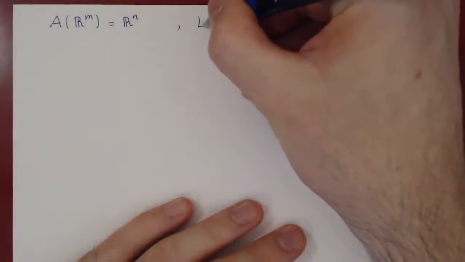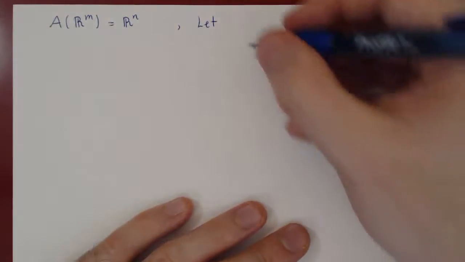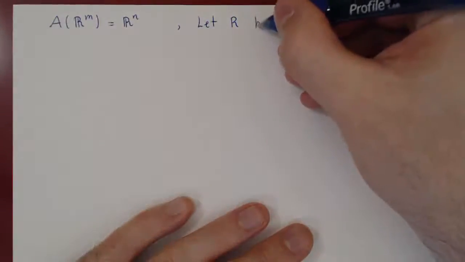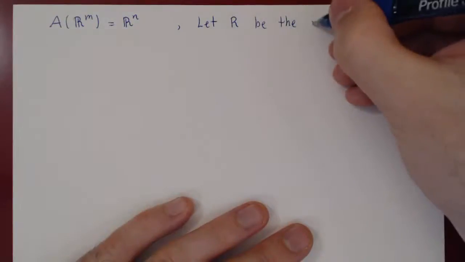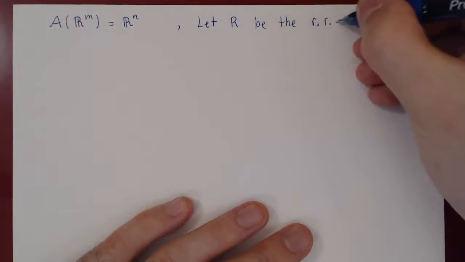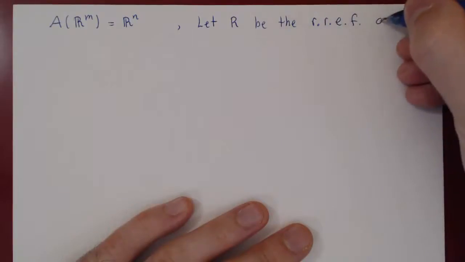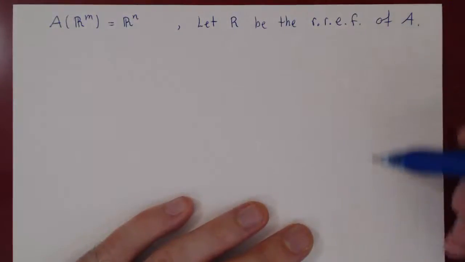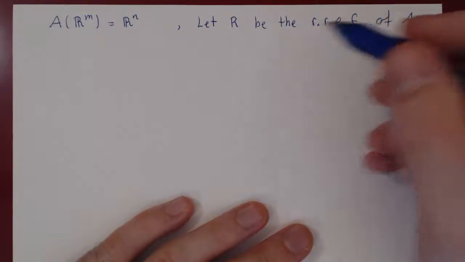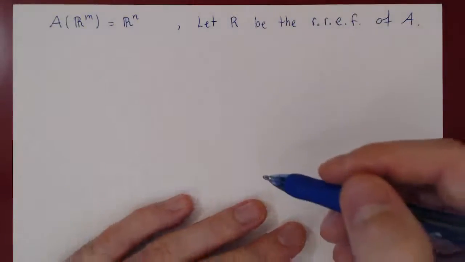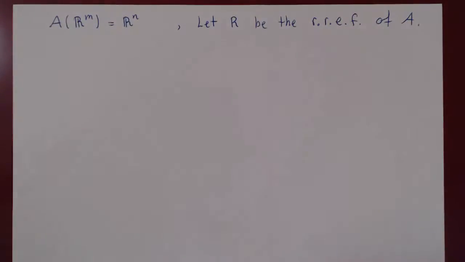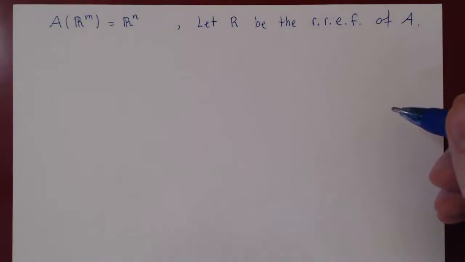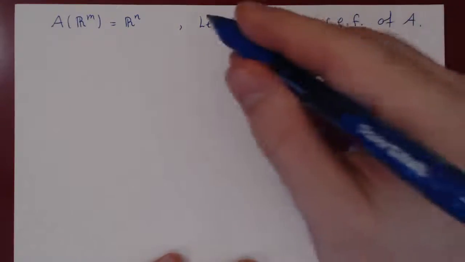So let R be the reduced row echelon form of the matrix A. So imagine taking the matrix A, row reducing it to its reduced row echelon form, and calling the result R. We know we can use elementary matrices to prove that there exists an invertible matrix C so that C times A is equal to R.